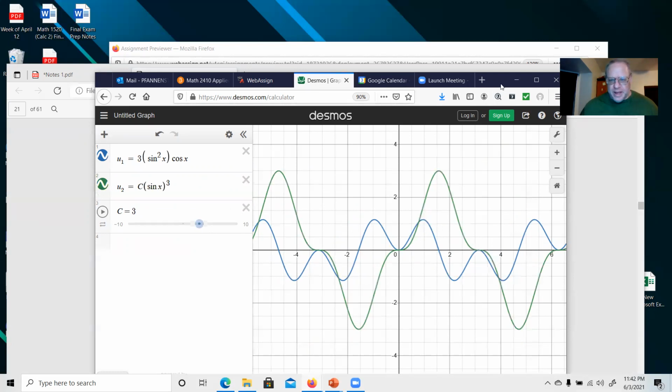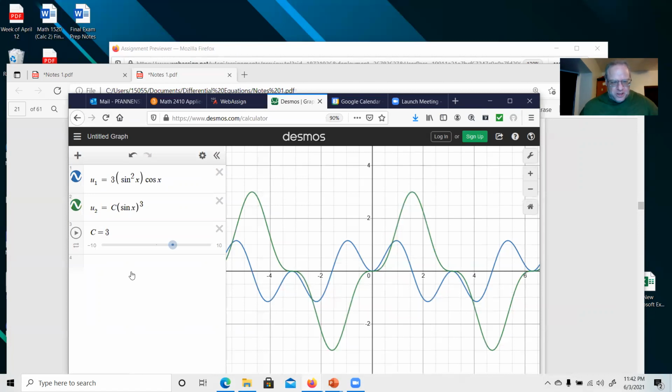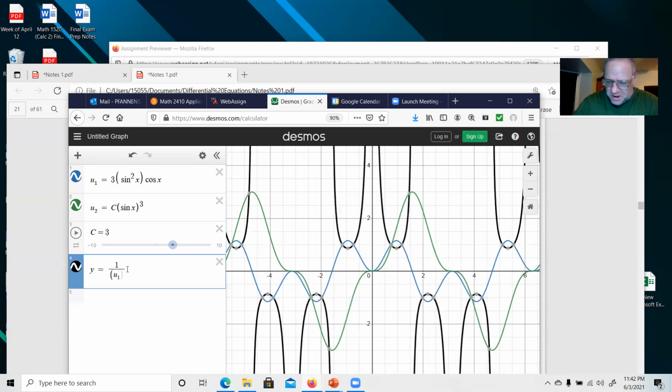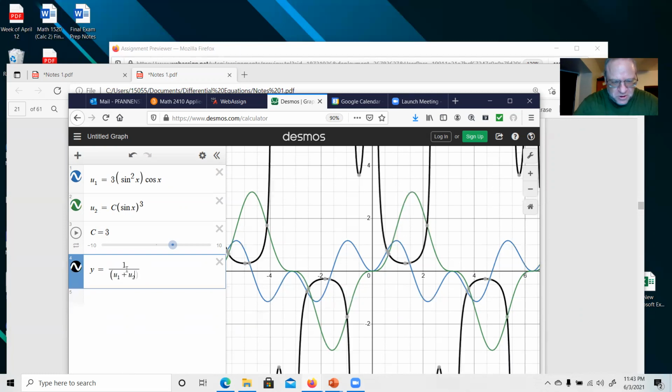All right. And then what are we going to be doing here? We need the cube root. So y is equal to 1 over parentheses u1 plus u2. Boom.